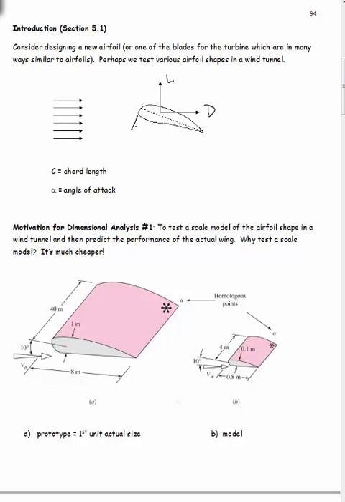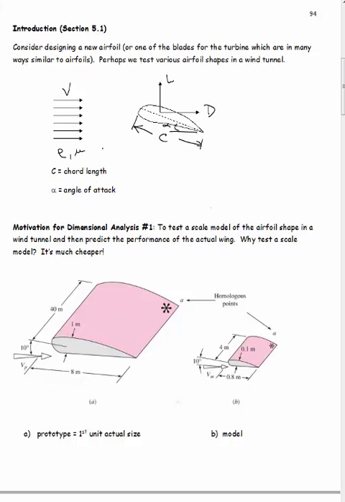One of those is chord length. Okay, that's just the length of this wing. Angle of attack, call that alpha. Velocity, and your fluid properties, rho and mu.